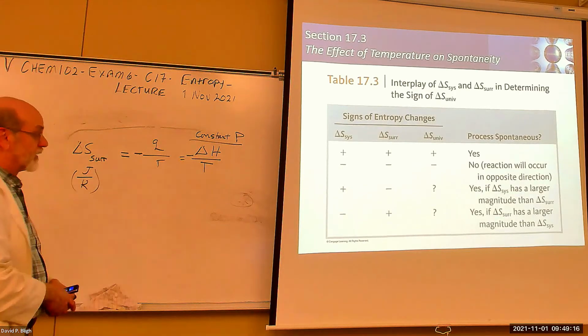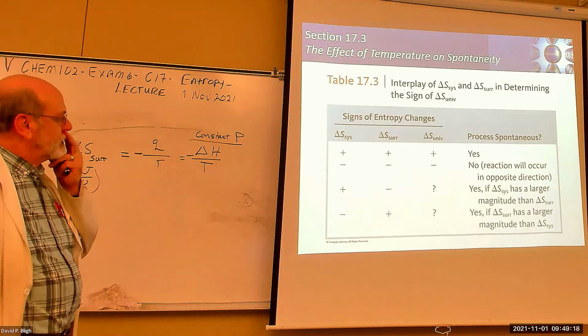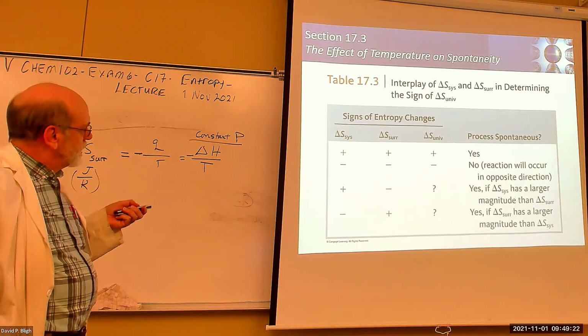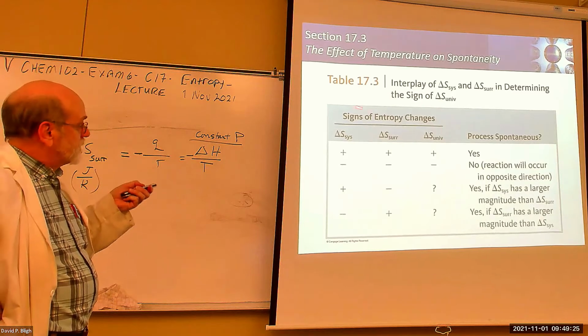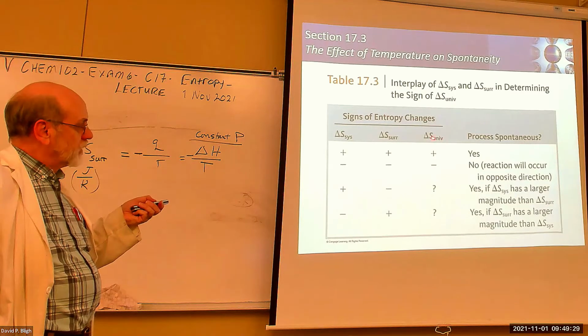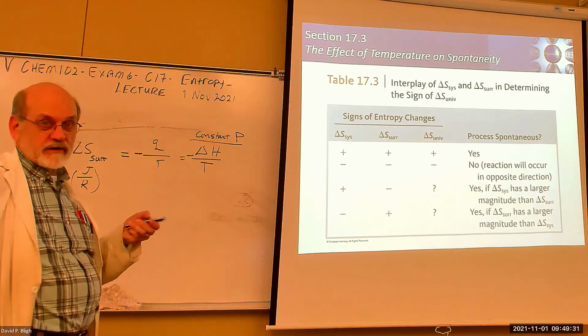Now, I'm going to leave that up there. Since I pulled this table out of the textbook, they're going to be using delta S universe when they mean delta S total.